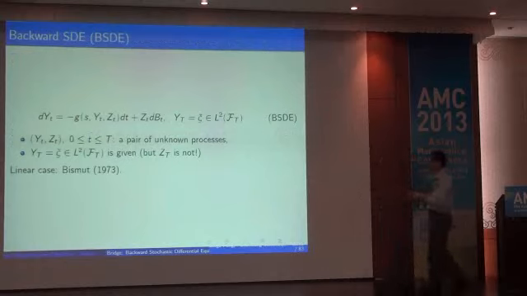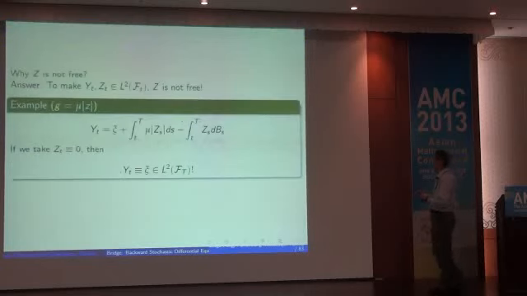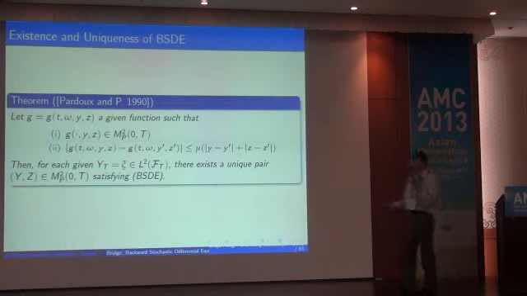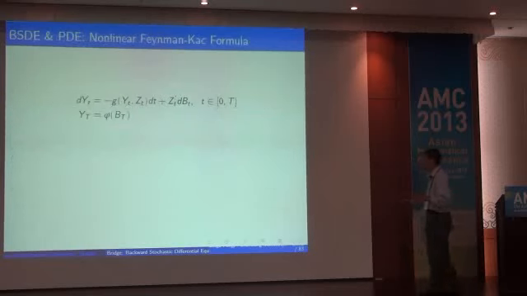The classical BSDE is given by this, and the fundamental theory is given in this, and this can always be read as a PDE. So you can use PDE language for the Markovian situation and the non-Markovian situation.